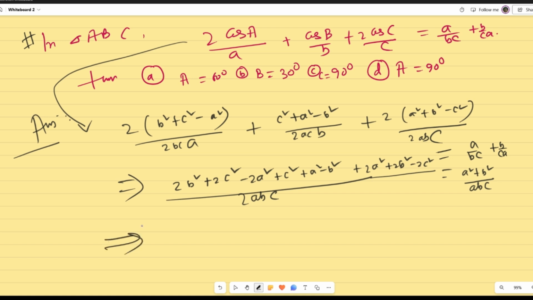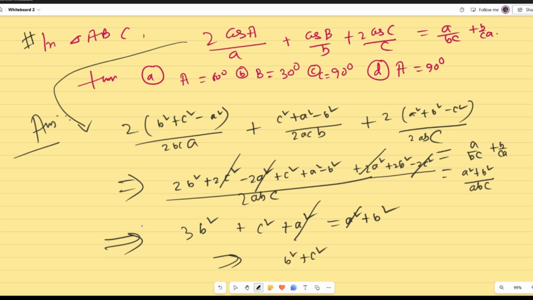So what is square over there? 2 square gets cancelled. Anything else? Yes, 2c square gets cancelled. Then this is going to be b square, 3b square plus, this is remaining a square, plus this two also gets cancelled.